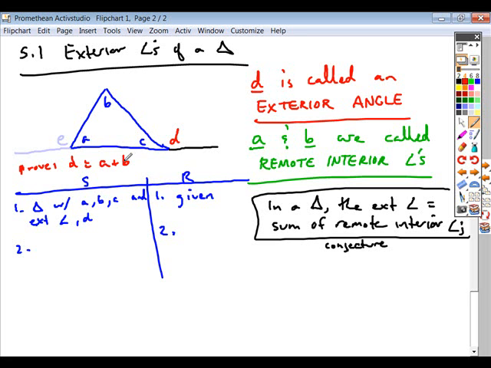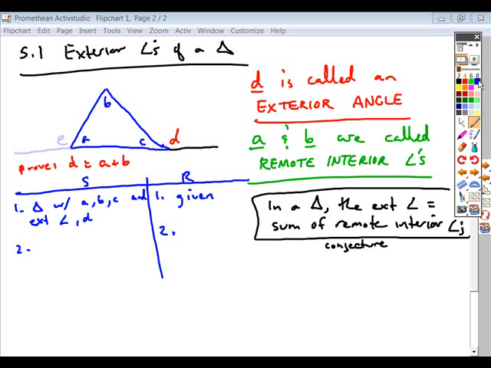So we need to get all these end state pieces, D, A, and B, into our proof. Is there any way to get D into our proof? What do we know? What relationship involves D that allows us to introduce it into the proof?